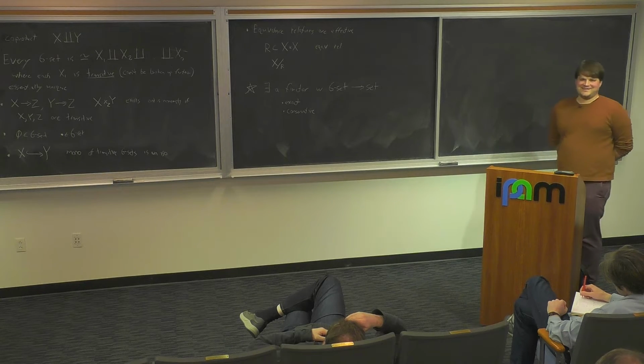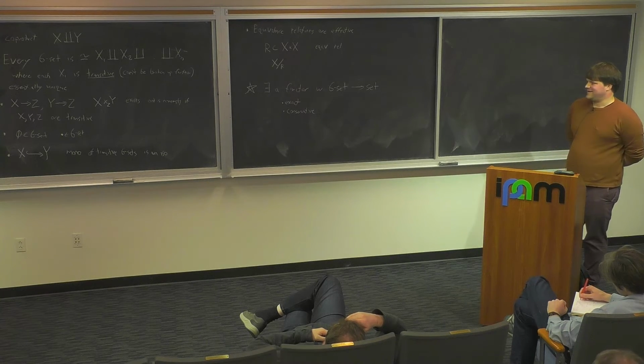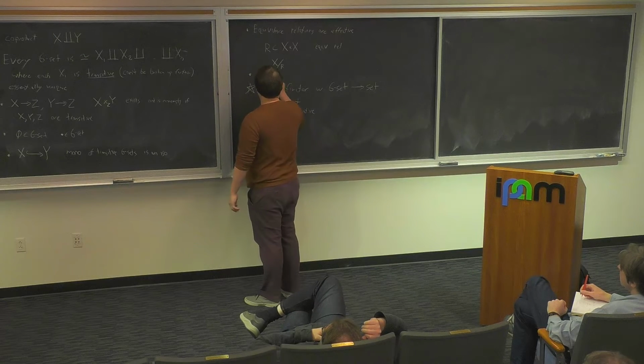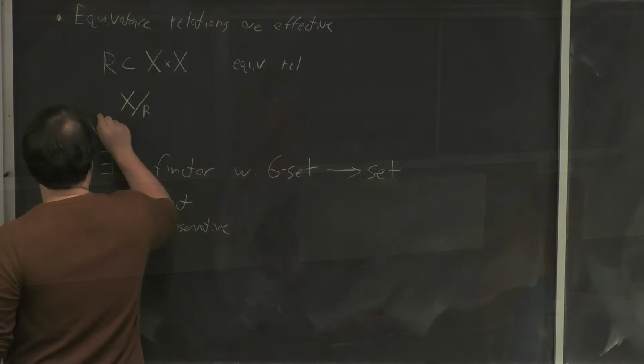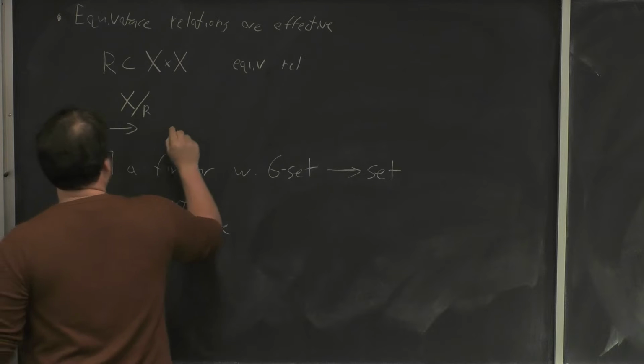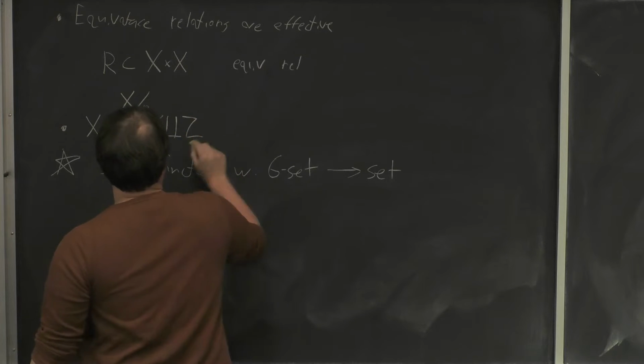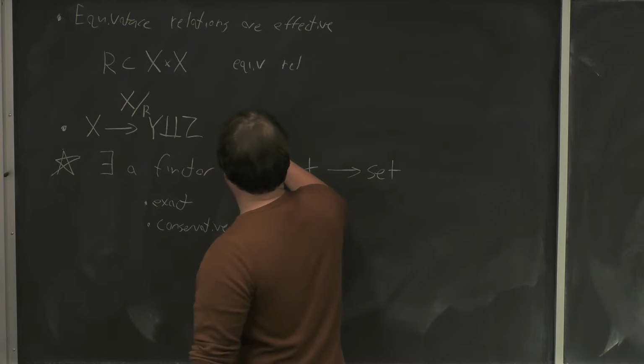Did I miss one, Andrew? Which one? Did you have a map from a transitive G set into a disjoint union? Yes, very important. So I have a map from X to a disjoint union of Y and Z, and X is transitive.